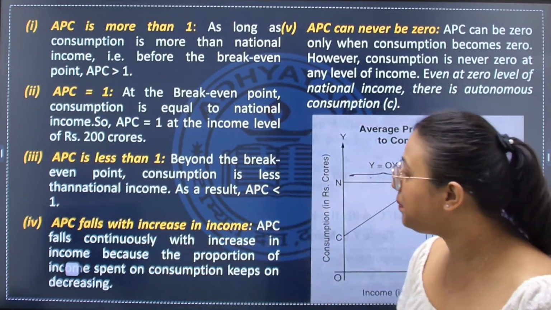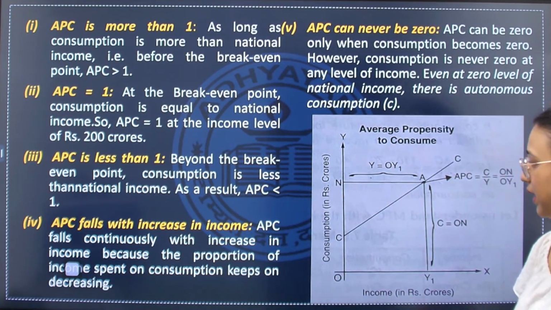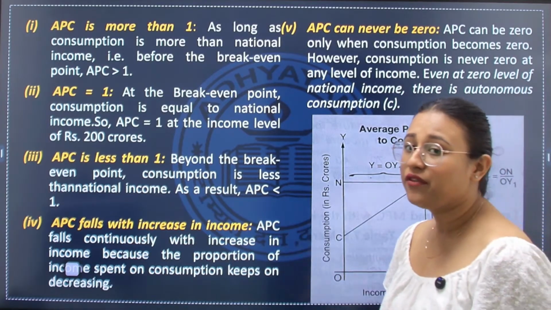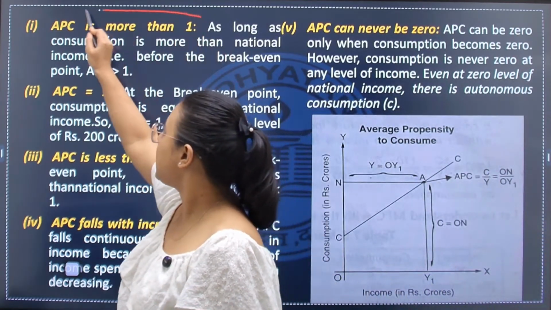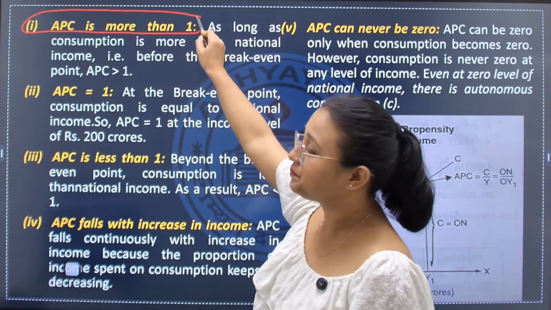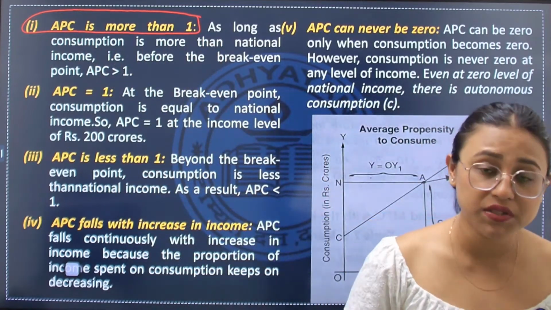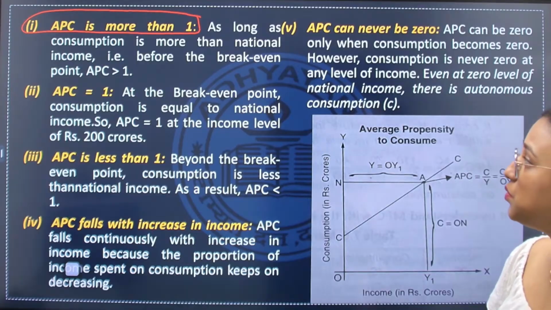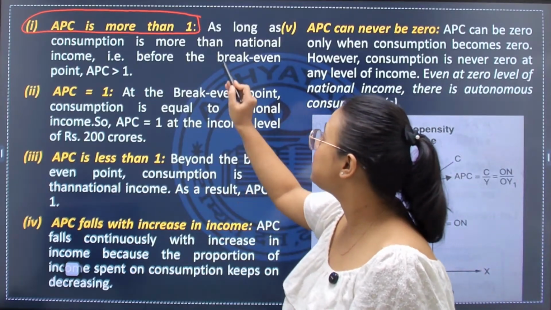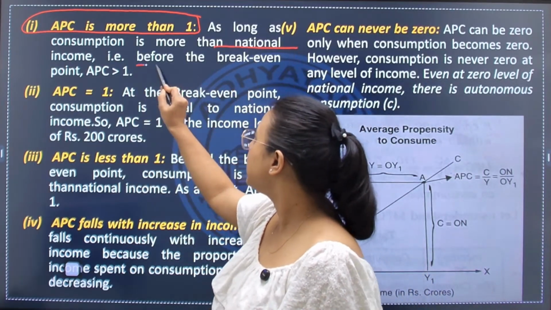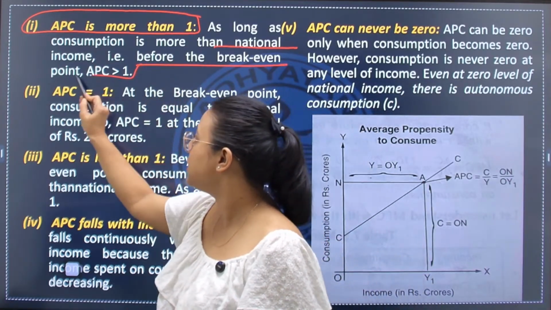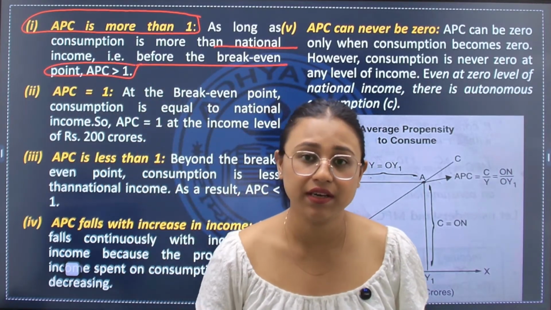If we study the APC curve, first we must remember that APC is always more than 1 up to a point. Until when is APC more than 1? As long as consumption is more than national income, that is, before the break even point, APC is greater than 1.